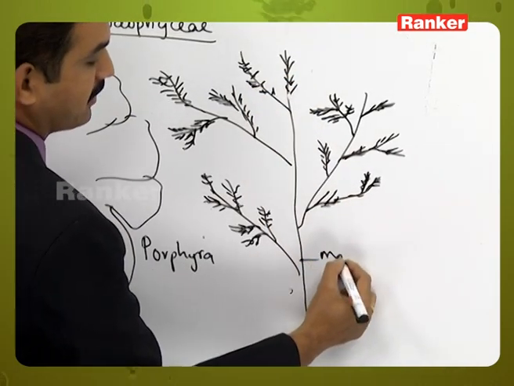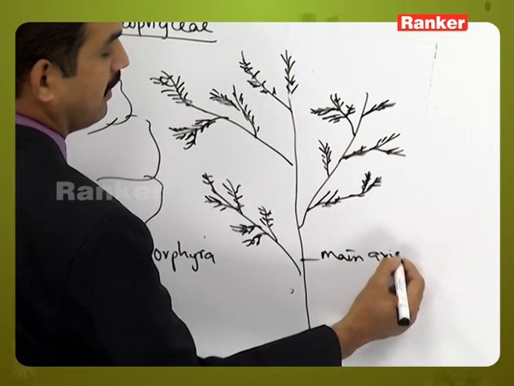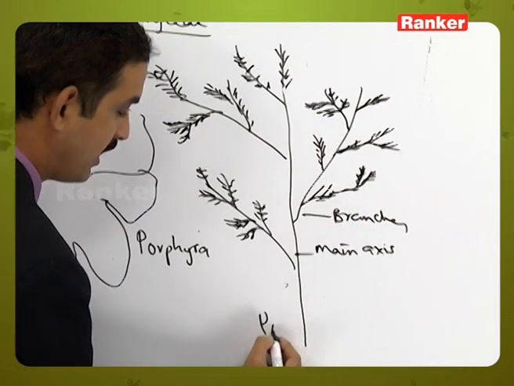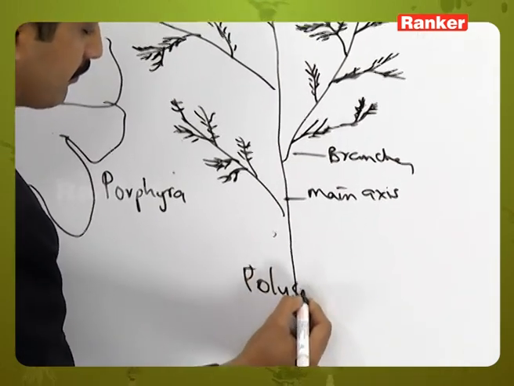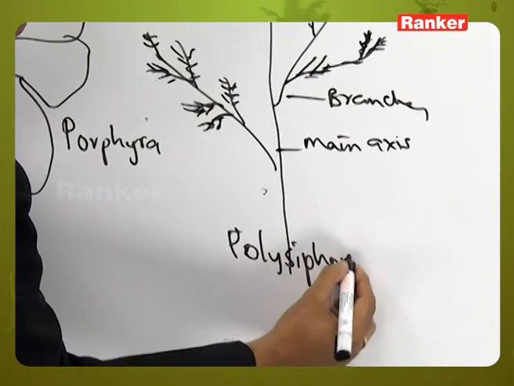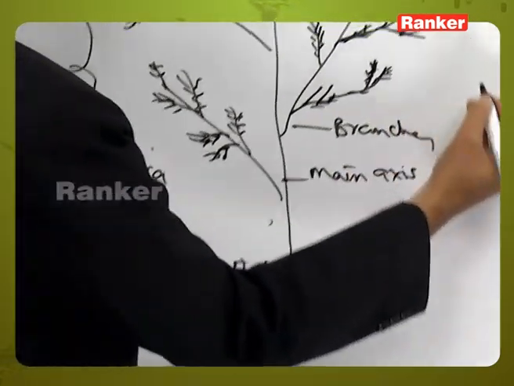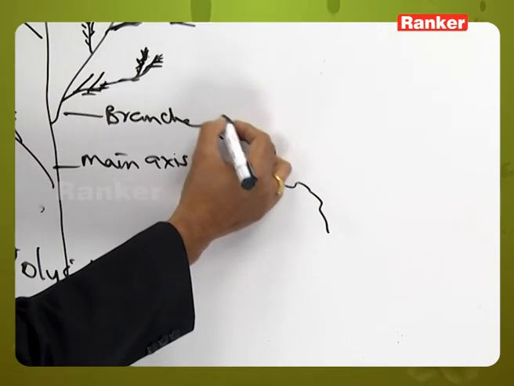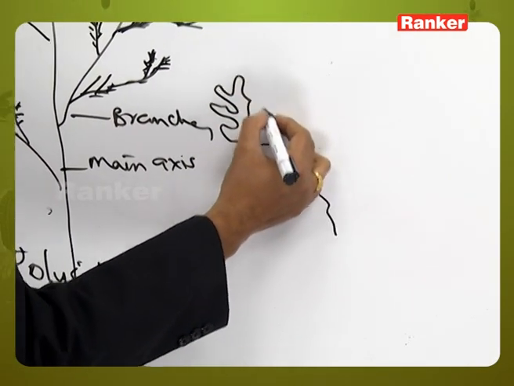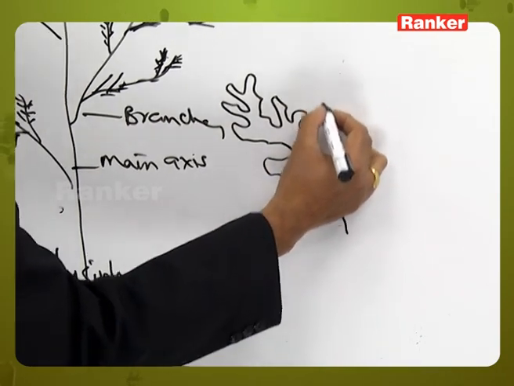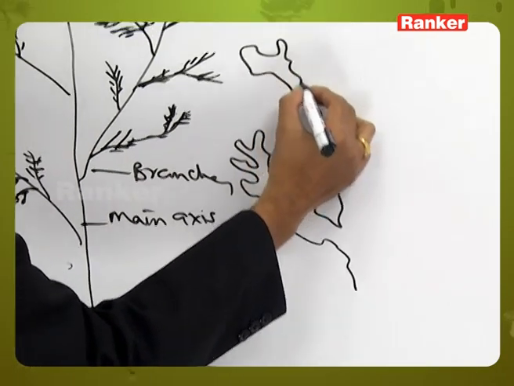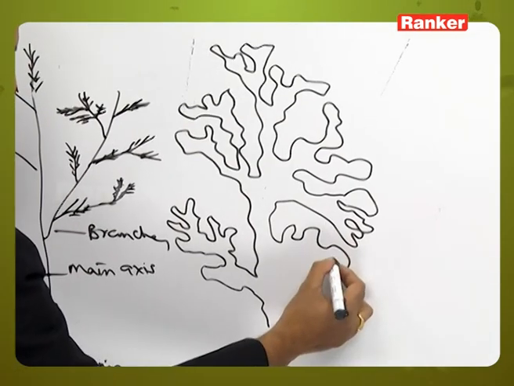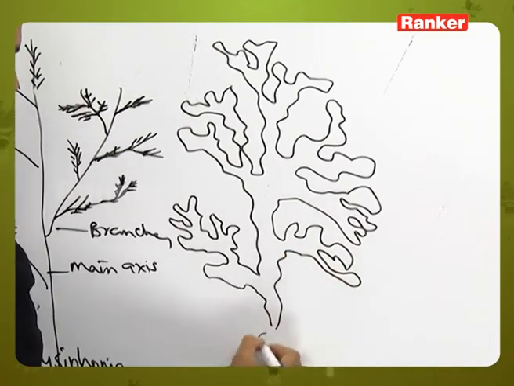So this is the main axis, and these are the branches, which can be seen in Polysiphonia. Chondrus is one other example, with little branching structures like this.